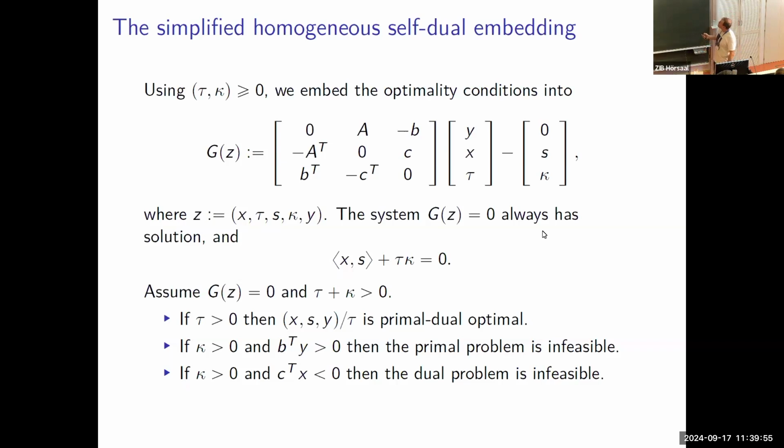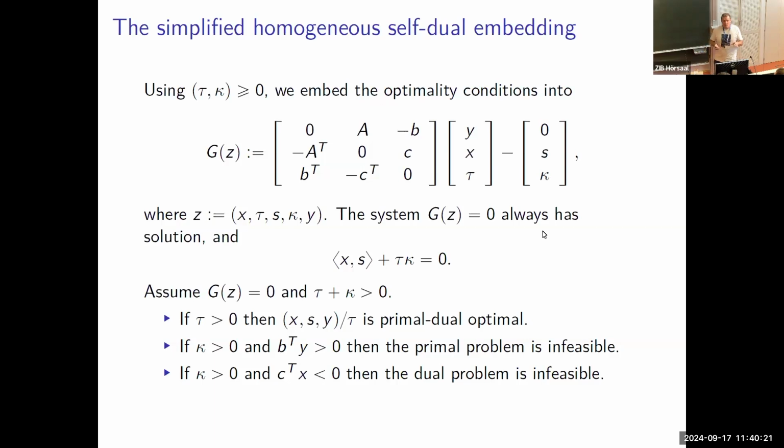And then you embed your optimality conditions into a larger system like this, where the first row just says that A times x equals b, but scaled by tau, and similar for the others. And then you have a gap equation at the bottom: b transpose y minus c transpose x is kappa.